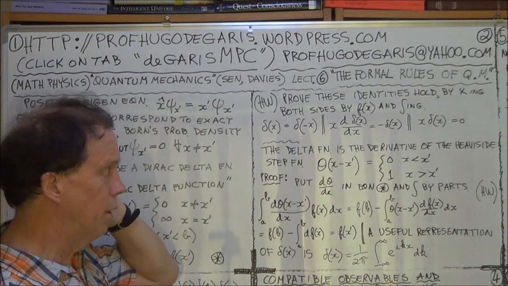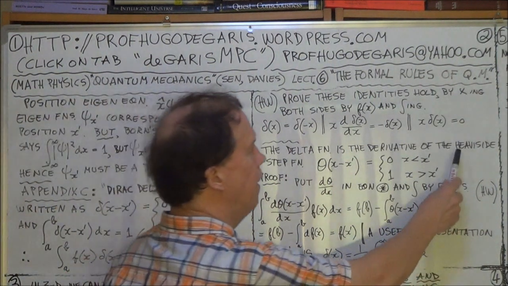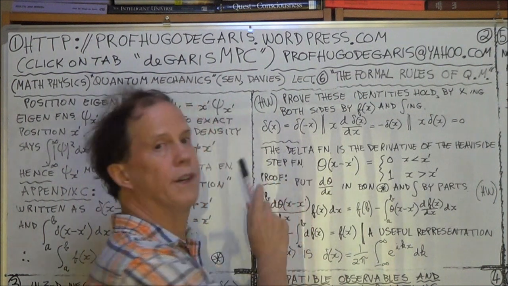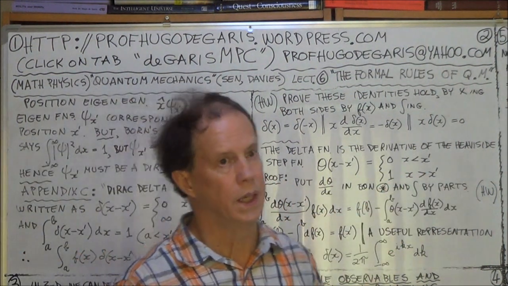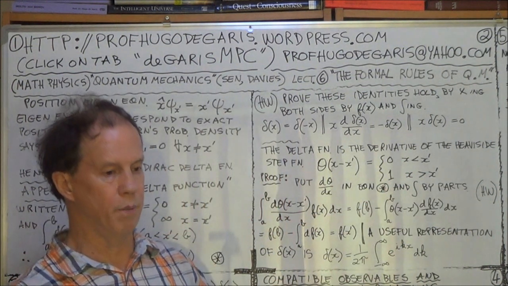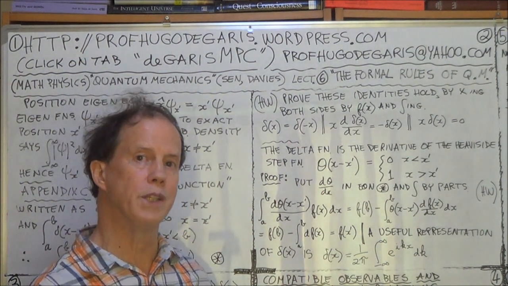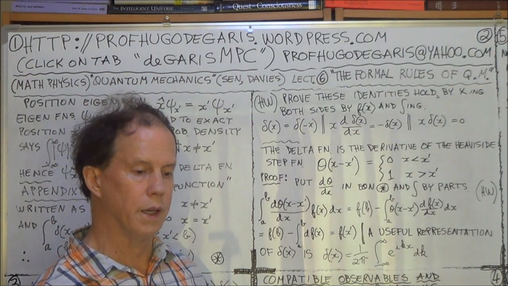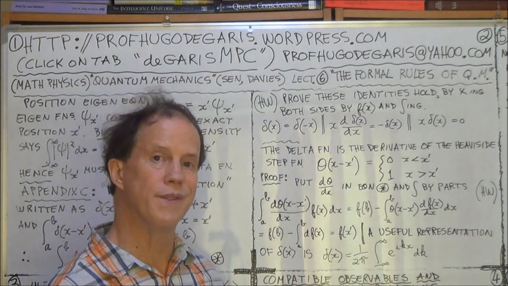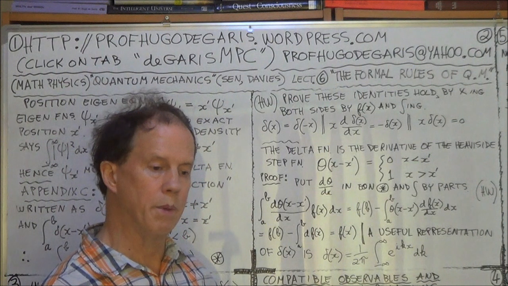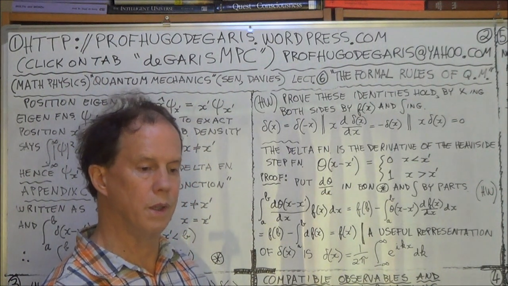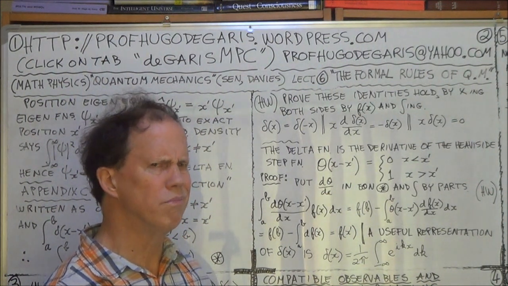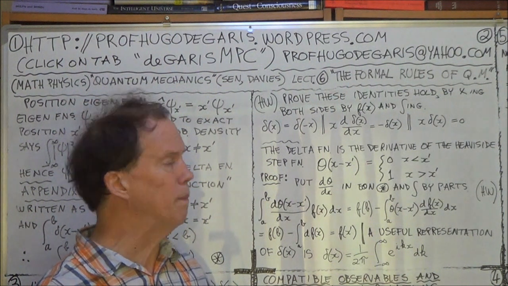Now I don't know if you've ever heard of something called the Heaviside step function. Heaviside, he was a British applied mathematician, very keen. He liked very much Maxwell's equations, and he was a member of a school of thought in, I think, London. Not too sure about that.